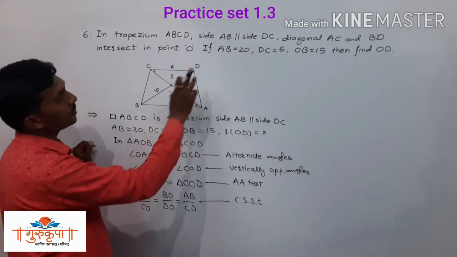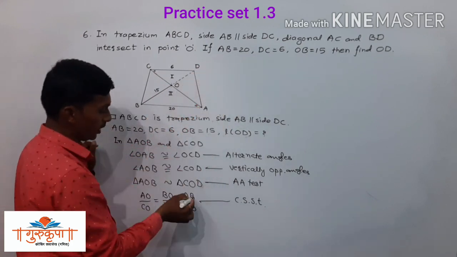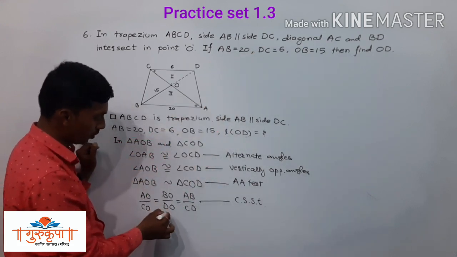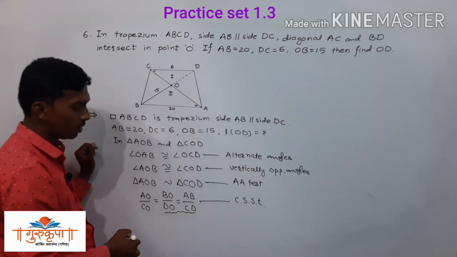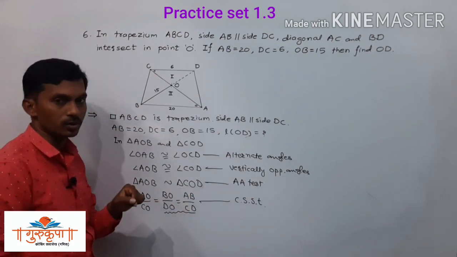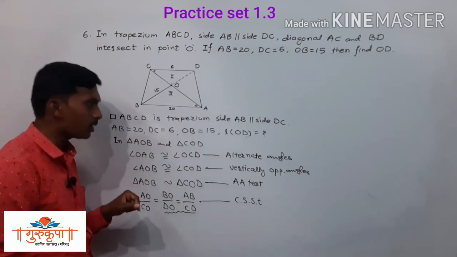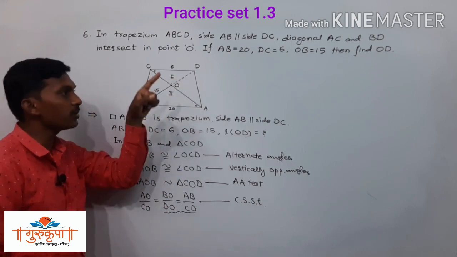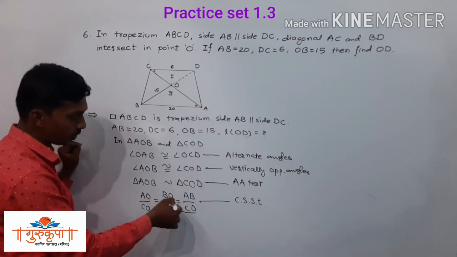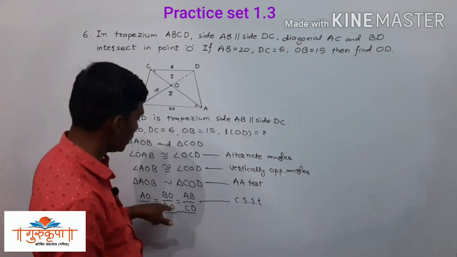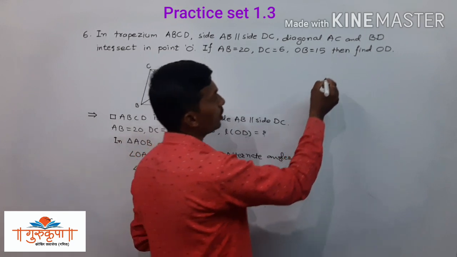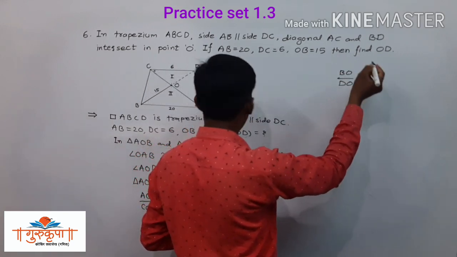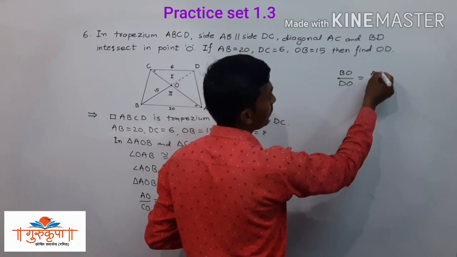Since we are given AB and CD, we have to use this ratio, and we have to find OD, so we have to use this ratio also, and BO is given. So we will use these two ratios only. Once again we will write this ratio here, BO upon DO is equal to AB upon CD.